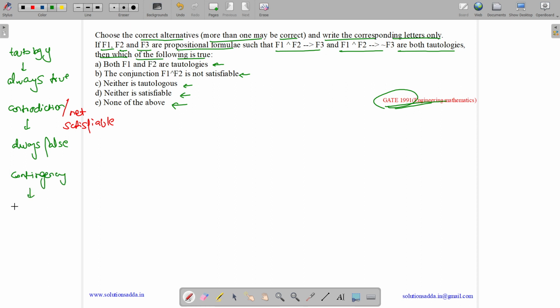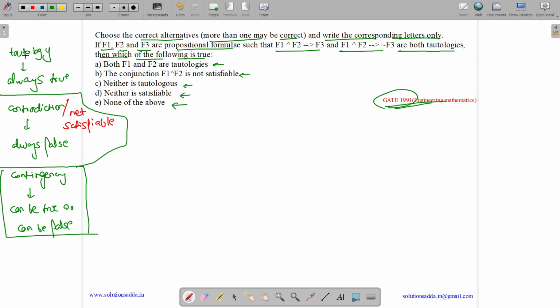Contingency is a value which can be true or can be false. Which means it is a mixture of true and false. So this is contingency, this is contradiction, and this is a tautology.